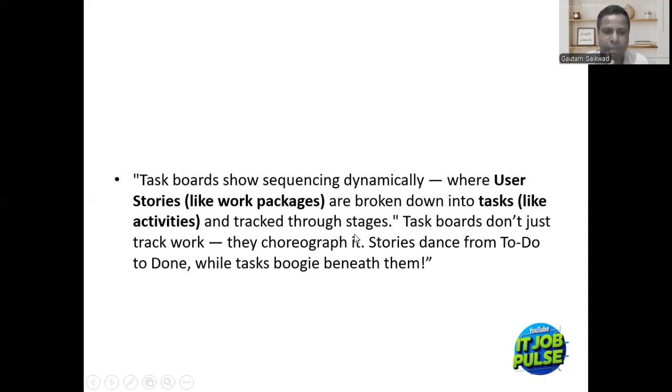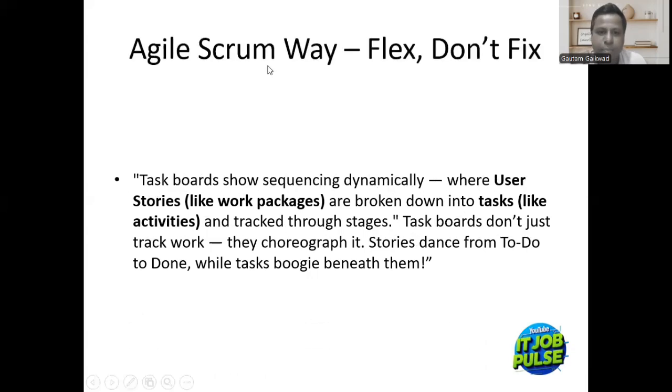So it is basically in Agile Scrum we can change. So whenever there is a change, it goes through some challenge. Okay. So change equals challenge. But challenges are there to help you, make you better. That is why the Agile Scrum way is flex, don't fix.